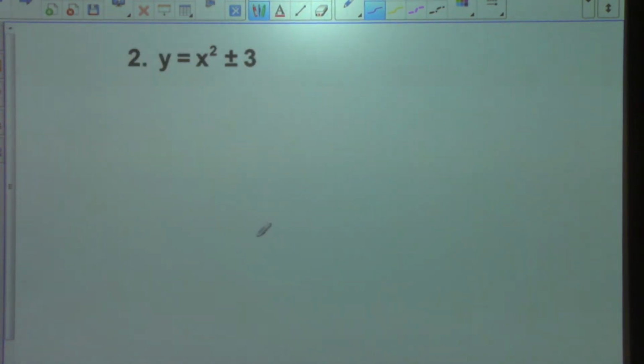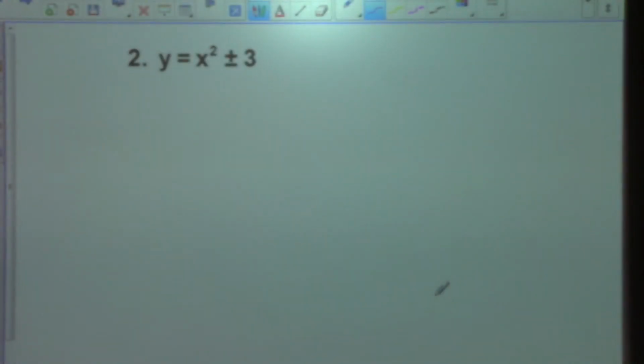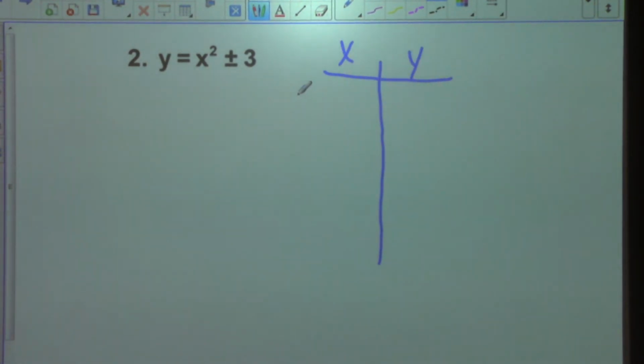Okay, let's go on to problem 2. We have y equals x squared plus or minus 3. Is y a function of x? Let's try this. We'll go xy, right? If we plug in 0, what's y going to be? It'll be plus or minus 3.